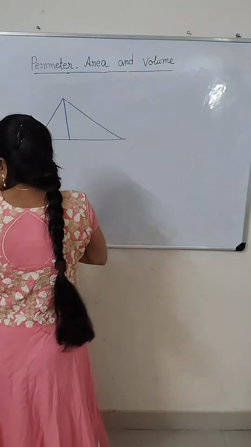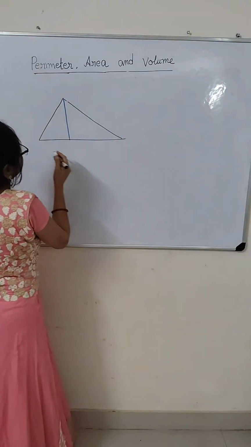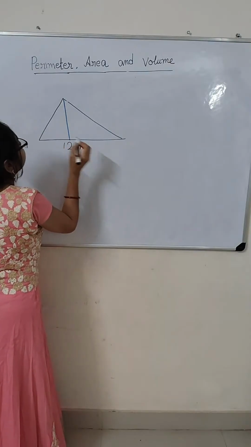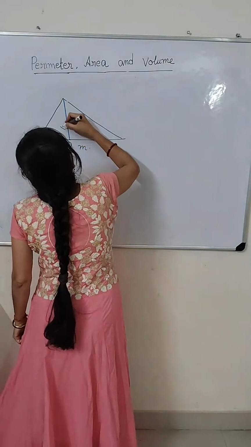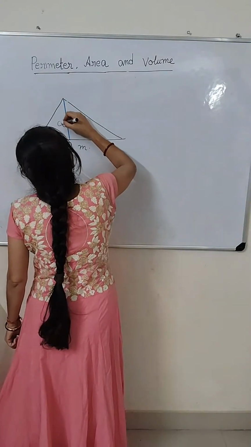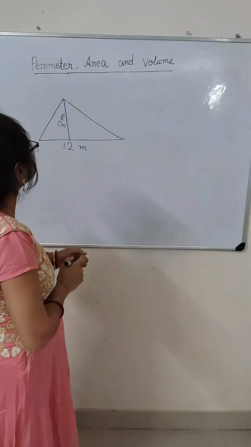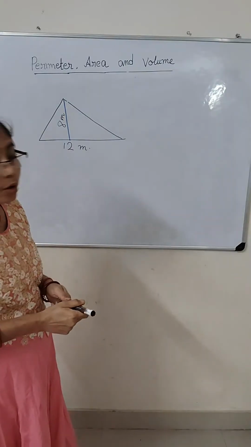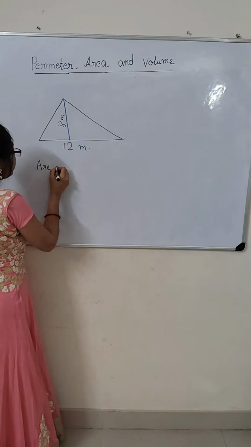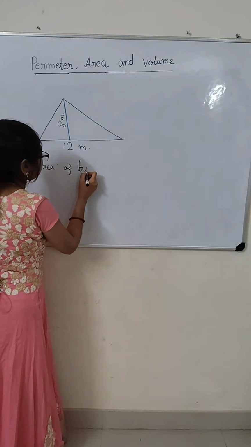So in the triangle, 12 meter, 8 meter. Okay. What is the formula of the area of the triangle? Area of triangle.